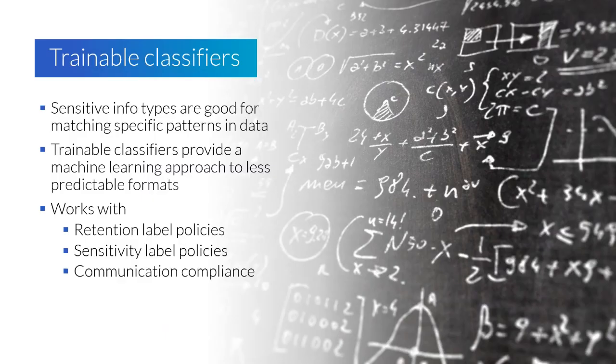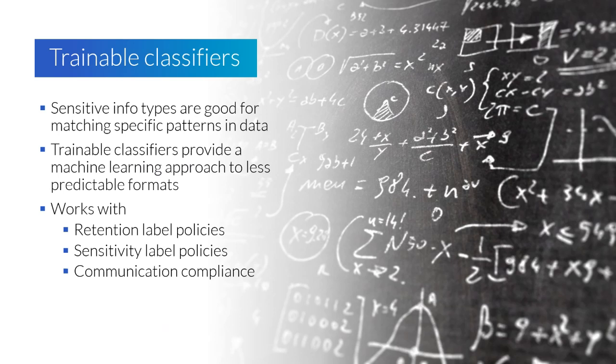So trainable classifiers, where sensitive information types are good is where you've got some very predictable, specific patterns in data. Trainable classifiers give you an alternative approach where you've got less predictable formats. So take something like an invoice.